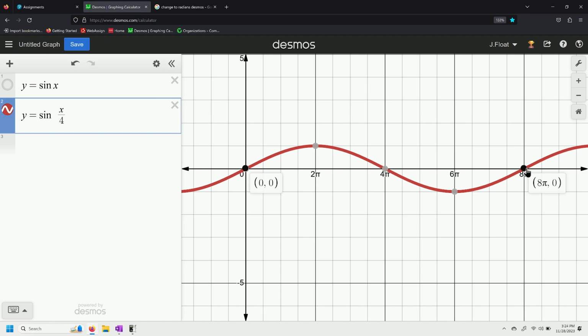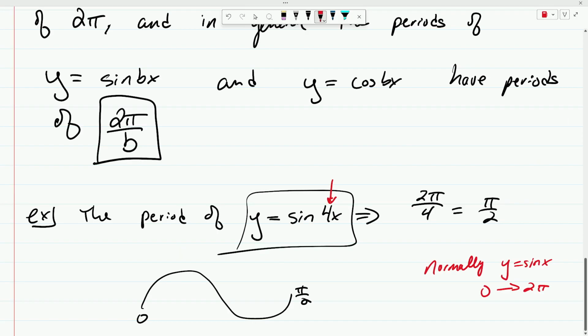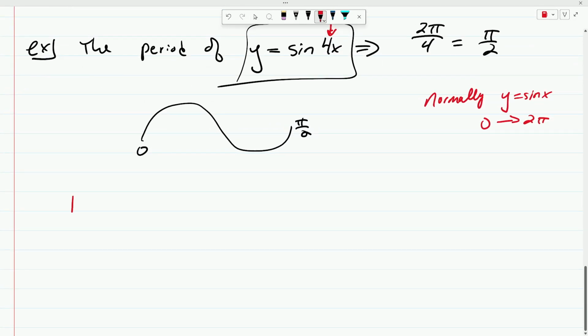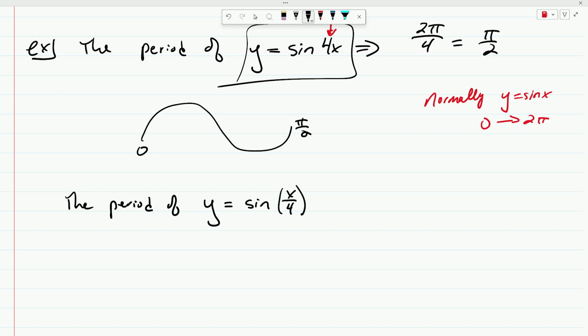Let's verify that algebraically. So, black marker. So the period of y equals sine of x over 4. All right? Well, remember, the period is 2 pi divided by b.